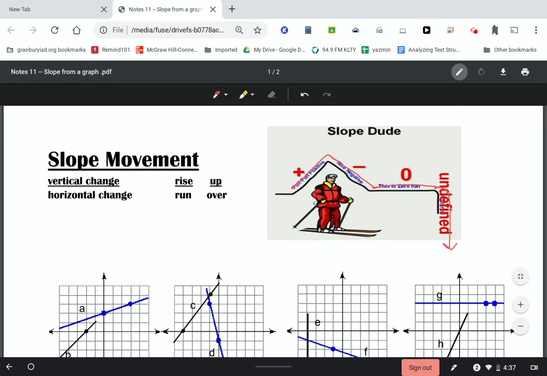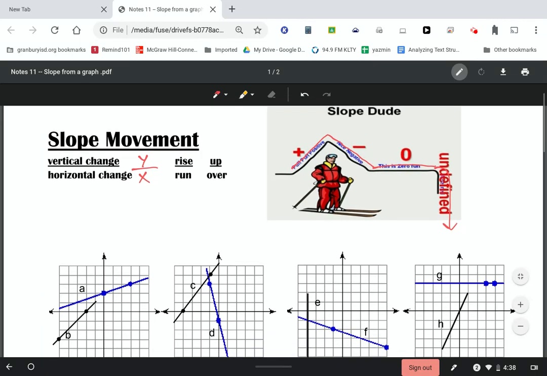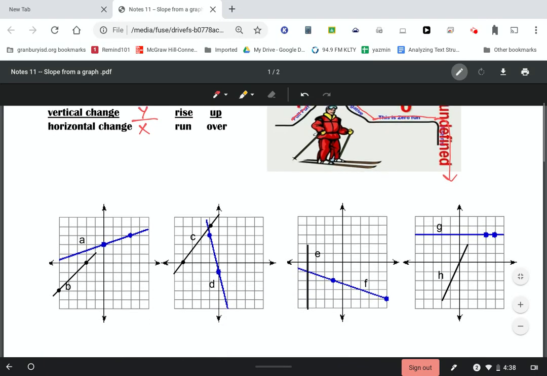Also remember that the slope movement has a vertical change, which is y, over the horizontal change, which is x, just like when we were finding the slope given two ordered pairs. It's always the change of y over the change of x.